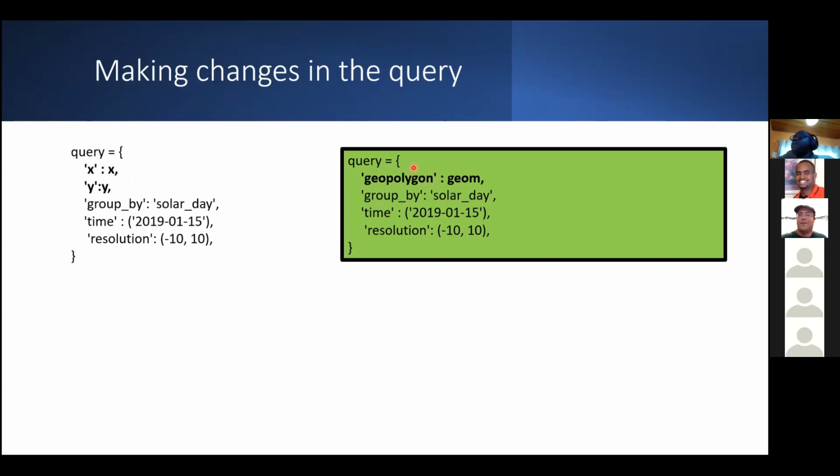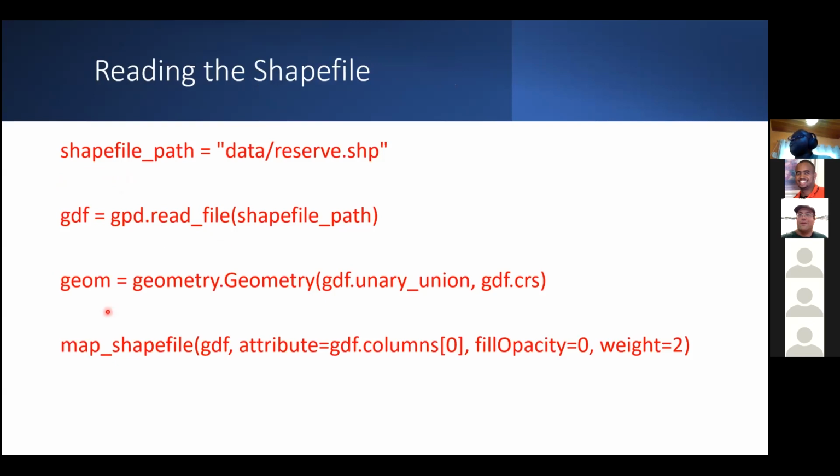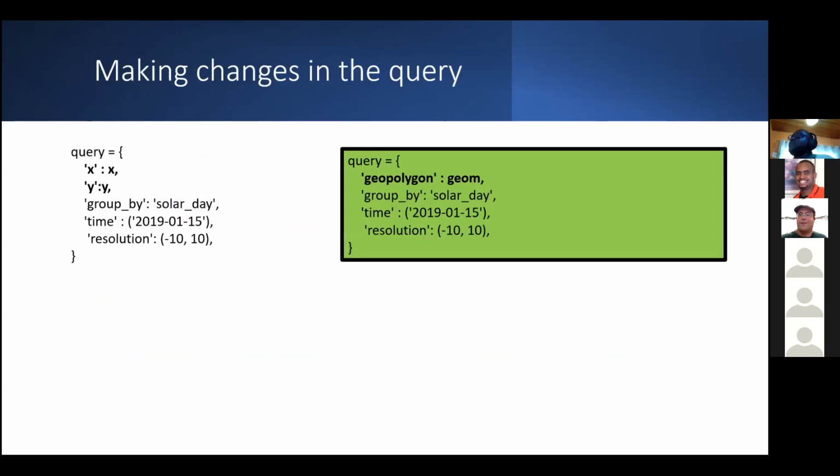And remember, when it comes to the GeoPolygon, you specify the geom. In the previous example, from this function, you're able to load the shapefile into this geom variable. This is a variable, so you can name it anyhow you want. So when you come here, instead of using the X and Y, you use the GeoPolygon, then you specify the geom.